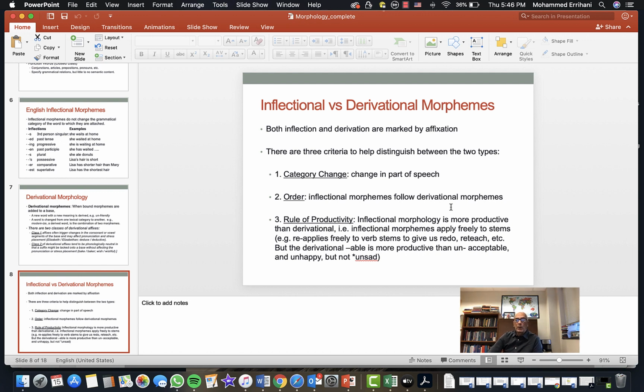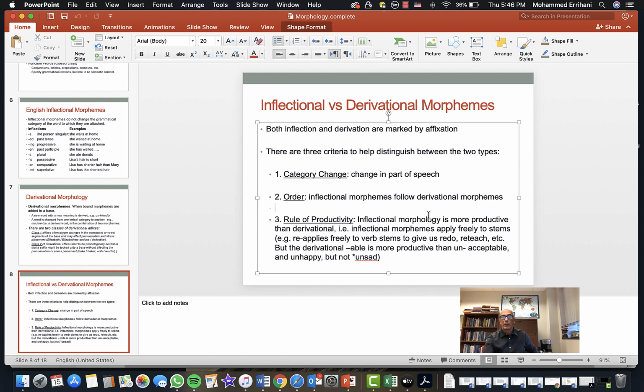For example, what is... I can't think of a word to which you can attach able. I'm pretty sure you can, because now I am thinking too much. Comfort. Let's say comfort, and then you add able, it becomes comfortable. Okay, but you can add un.